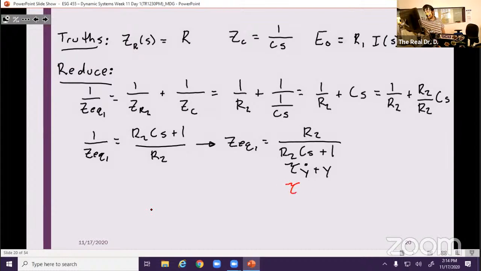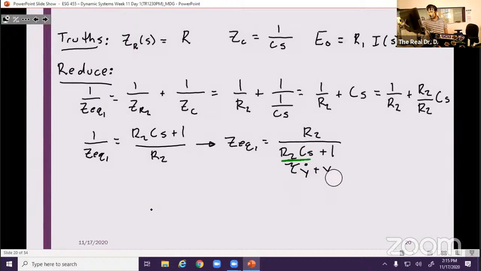What if I rewrote this as, it's R2 times C, right?